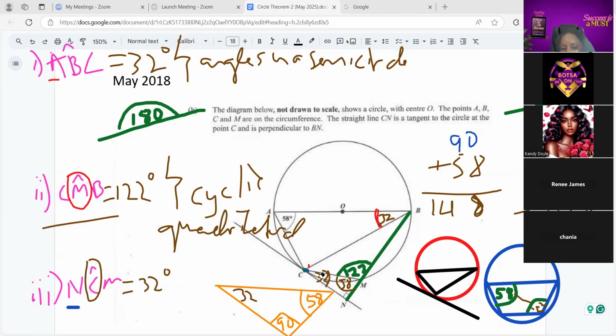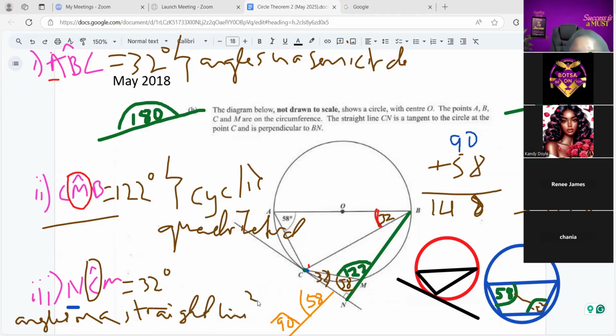So all we could say in the shortest way possible for the reasons would be angles on a straight line, and I need to erase this because I don't really have much space to write anything else. So angles on a straight line and what's the other one?